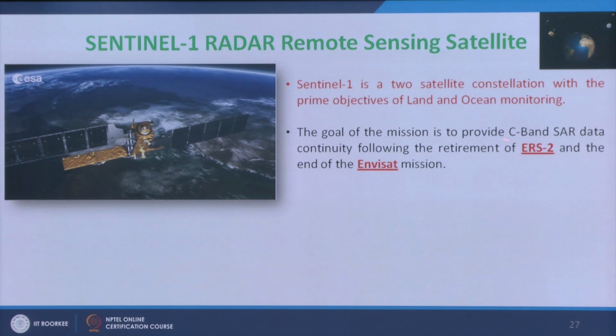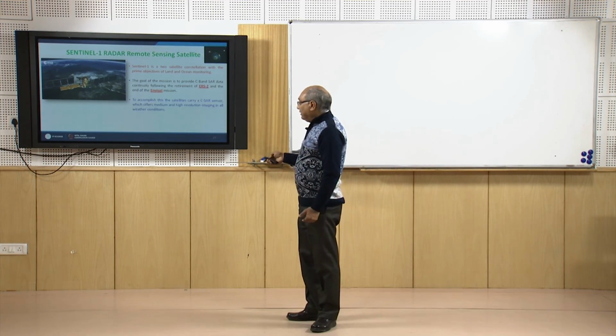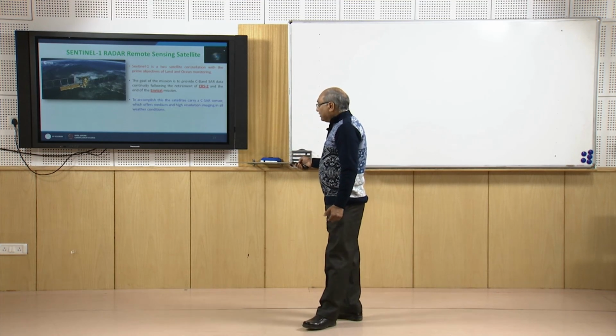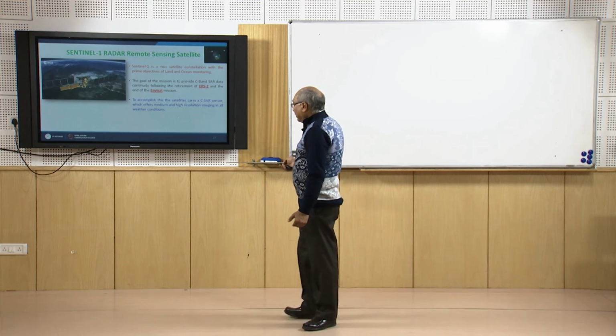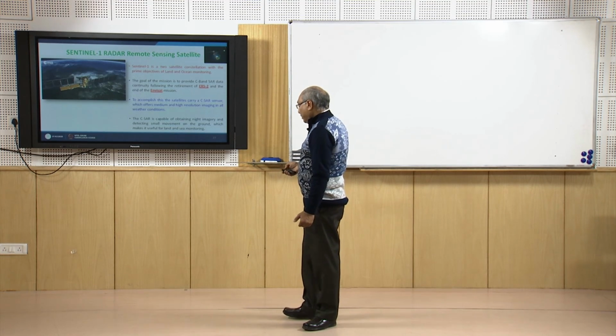Basically it is a continuation of the ERS series of satellites and Envisat. Now ERS and Envisat are no longer in operation, but Sentinel-1 has replaced them, is a better satellite, has better sensors, and provides regular data including for interferometry.